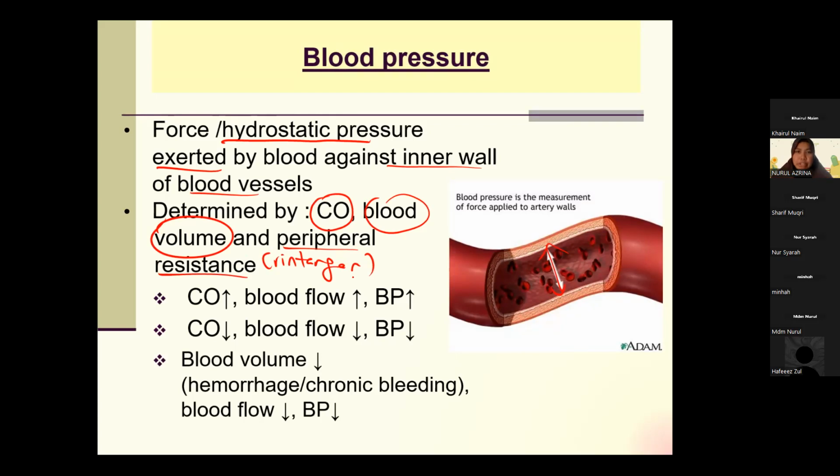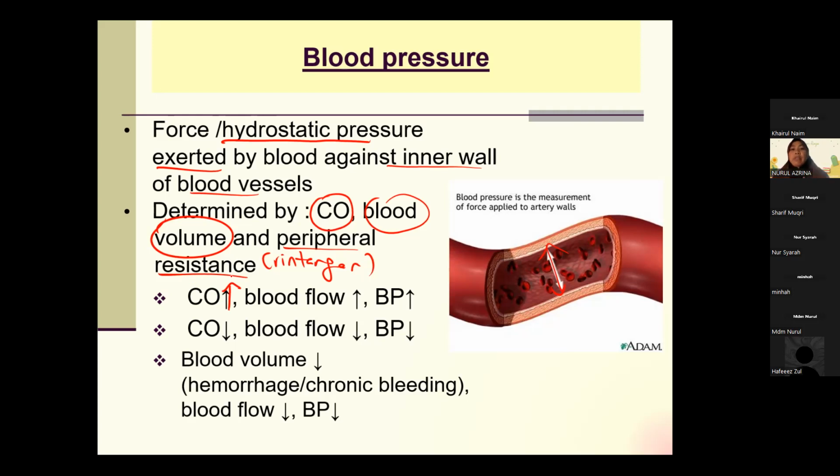So these factors can influence blood pressure. For example, when the cardiac output is increased, like when you are doing exercise, your heart pumps more blood. As your cardiac output increases, more blood is pumped from your heart to the rest of your body, and the blood flow within the blood vessel will increase.